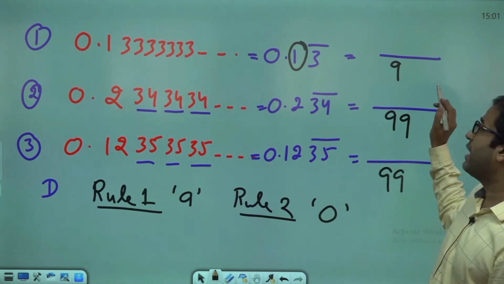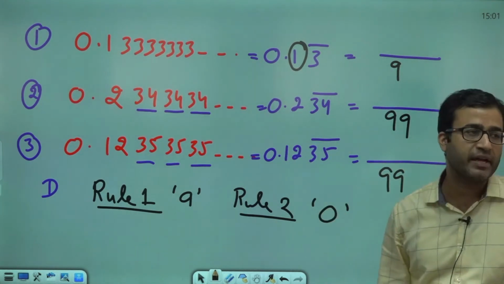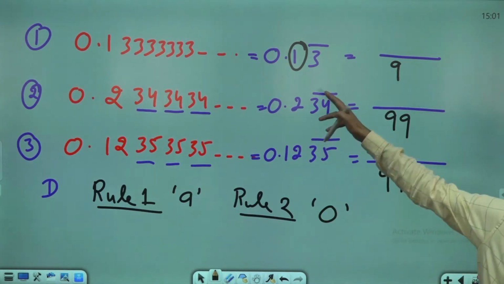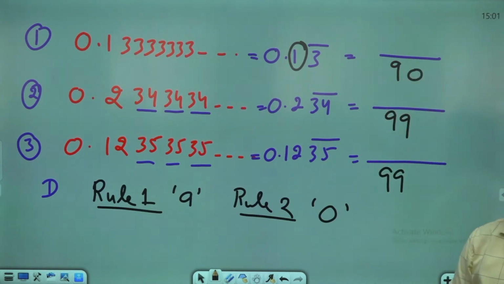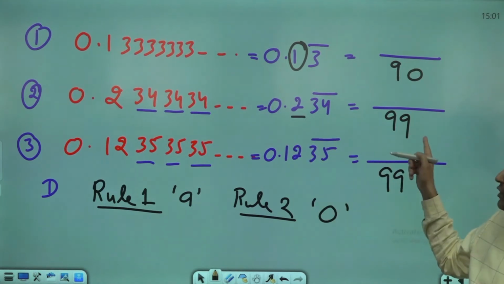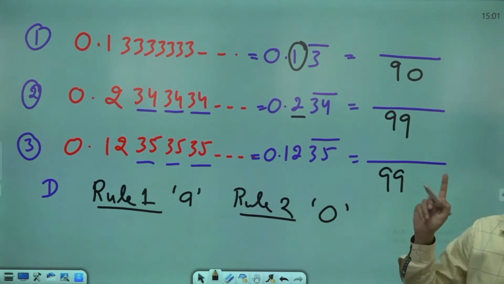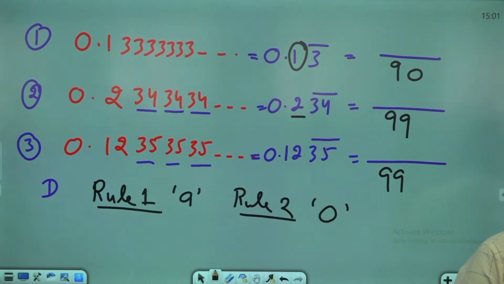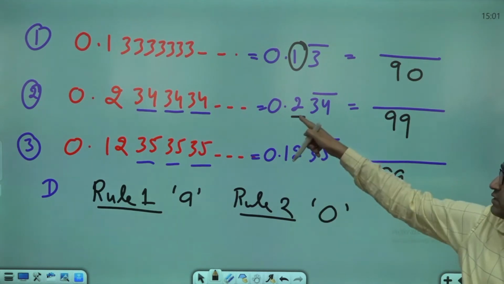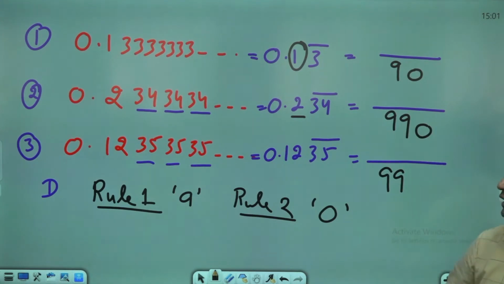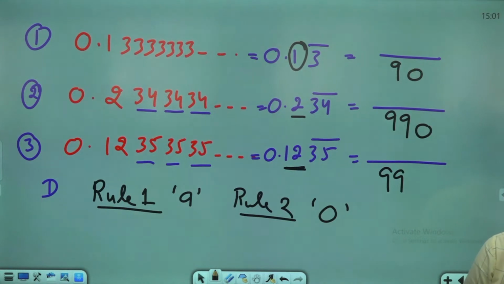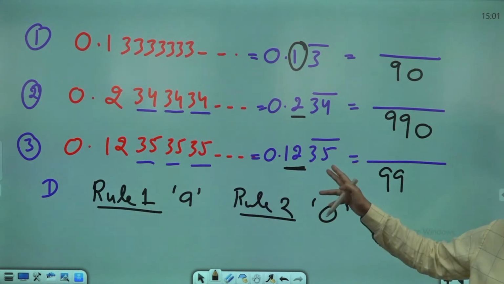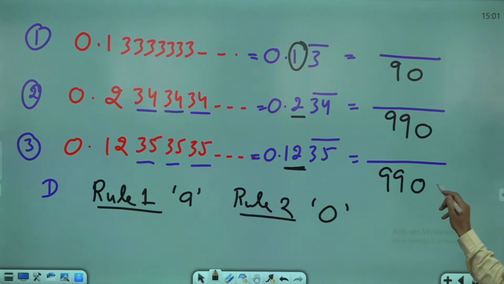I repeat, as many 0s as digits between the decimal and the recurring part. There is one digit, so we put one 0, and we put this 0 after the 9. In this question there are two digits between the decimal and the recurring part, so we put two 0s.